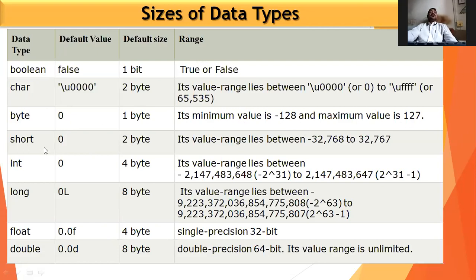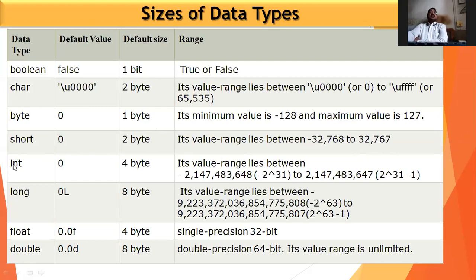The short data type takes the default value 0, takes 2 bytes as the default size in data occupation, and the value ranges from -32,768 to 32,767. So this is also available in C. Short is the integer data type.